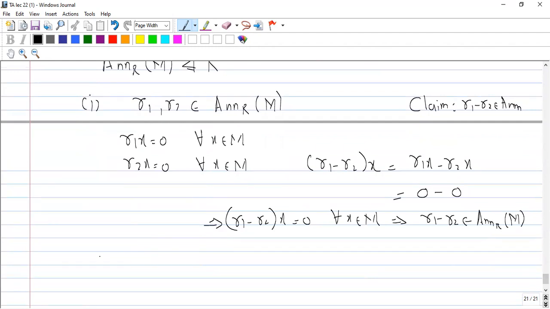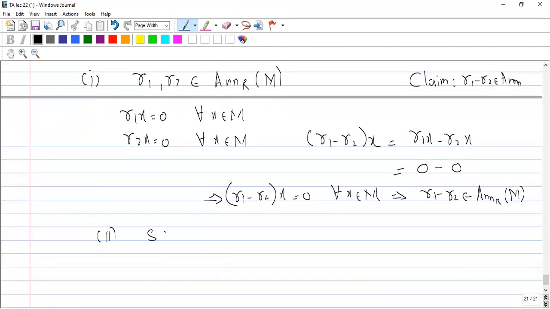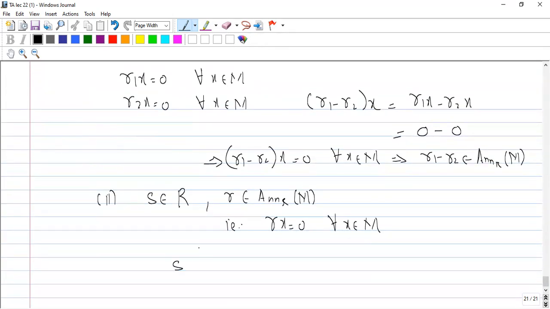In the same way, for the property number 2, one can see that if S is an element of R, because I need to show that annihilator of M is an ideal, and R is an element of annihilator of M. It implies that Rx is equal to 0 for all x in M. So if you take this thing, if you multiply S on both sides, you will get S of Rx is equal to 0.